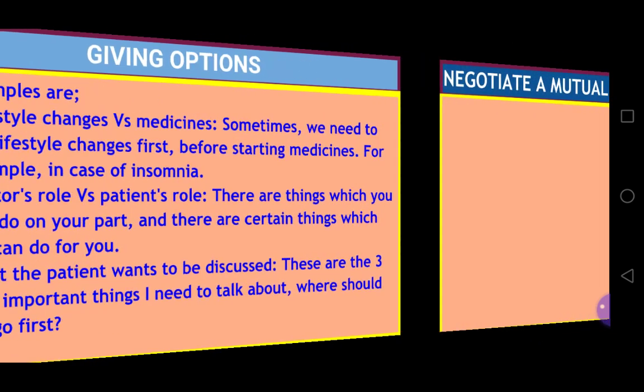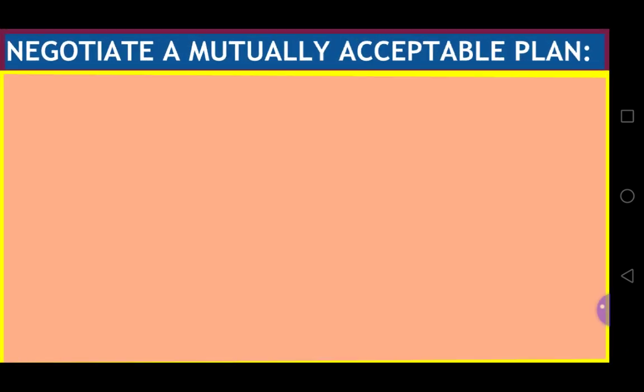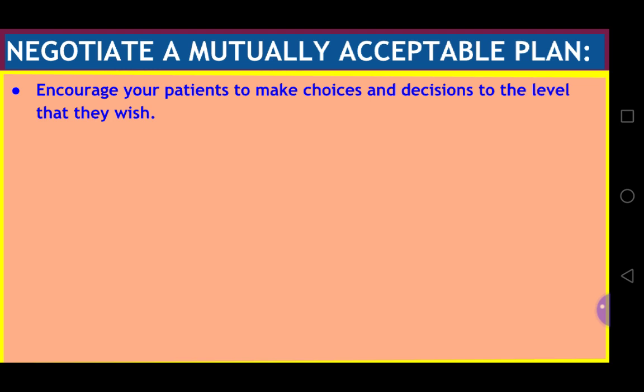And another important management skill is negotiating a mutually acceptable plan. So encourage your patient to make choices and decisions to the level that they wish. Check if they are comfortable with the plan.